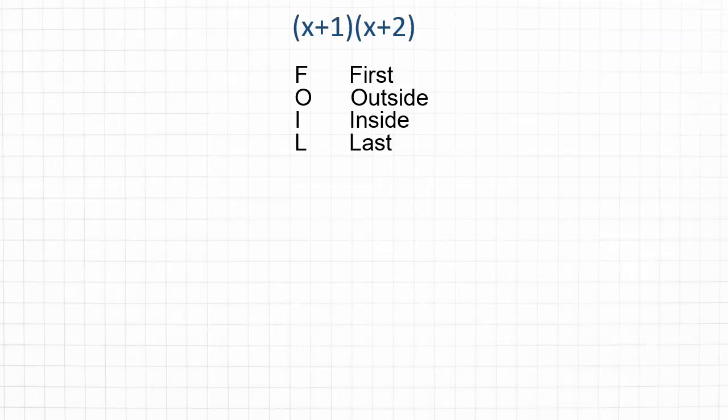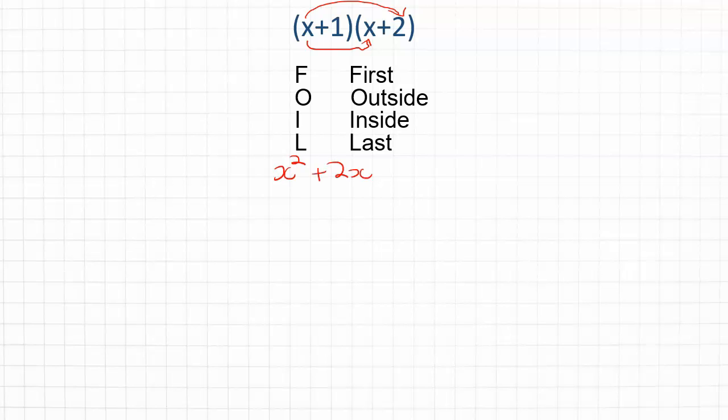One method you can use is called the FOIL method, where F stands for the first terms, so x and x in this case, which is x squared. O stands for the outside terms, x and 2 being the outside terms, so 2x when multiplied.